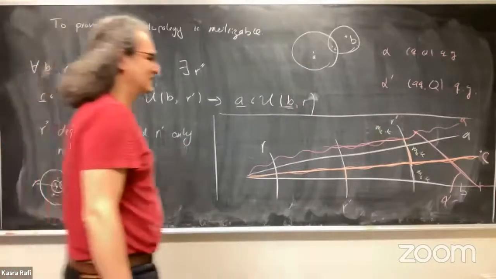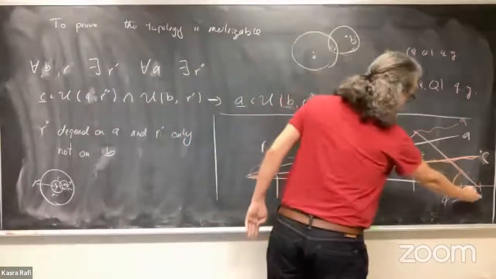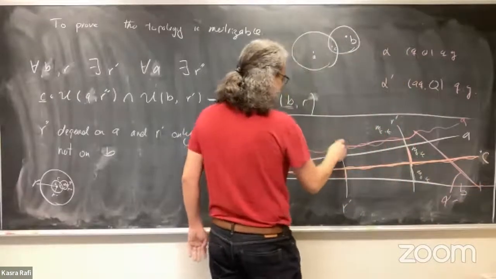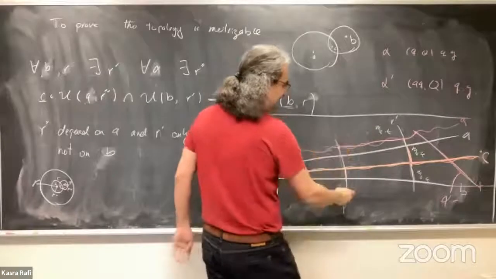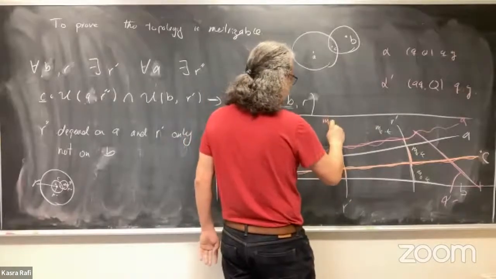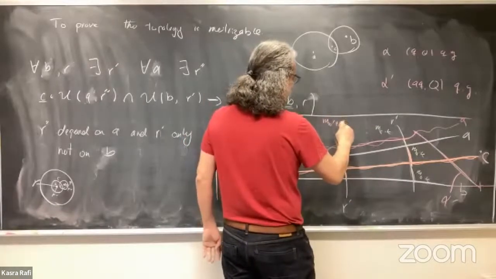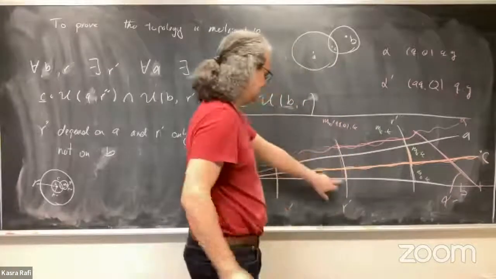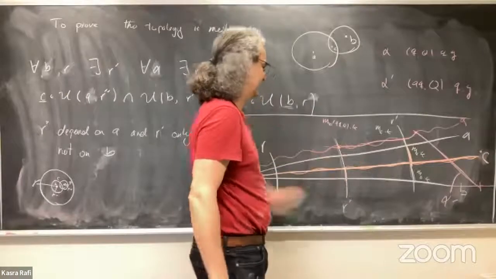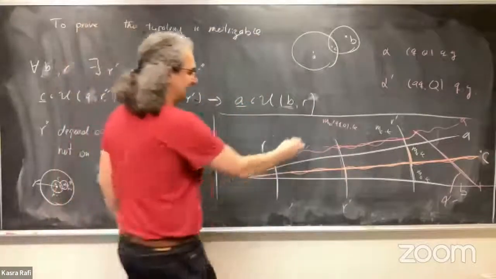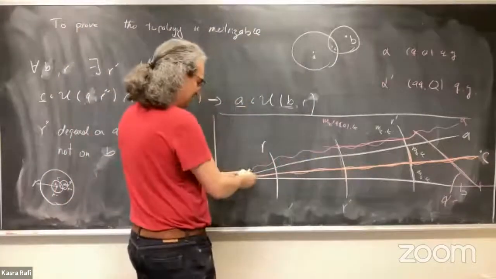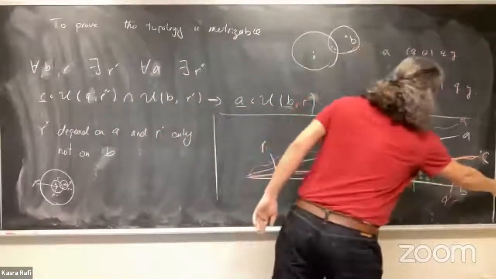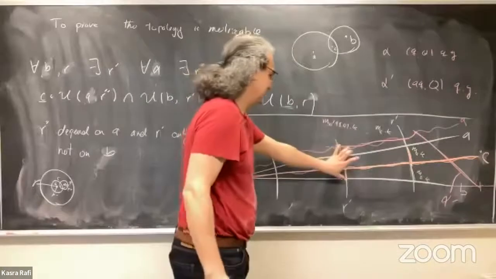Right? So this is close to B completely, which means at this point it has to be MB of 9Q times kappa close to B, right? Okay, so this is a big quasi-geodesic, so it's going to be this close.